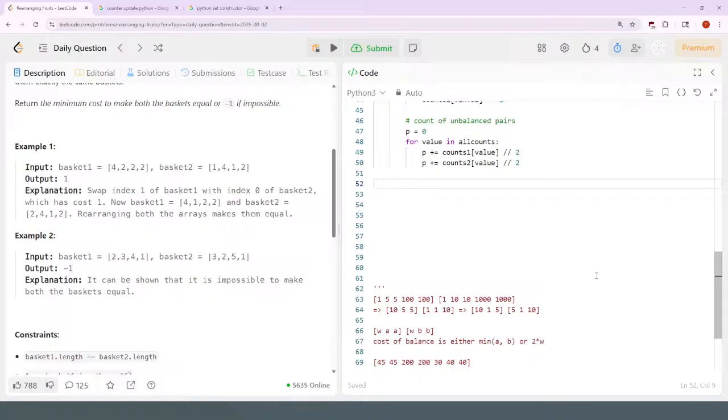Yeah, this is going to be a lot easier if I had access to the list of values. Unbalanced. I'll call this work values.